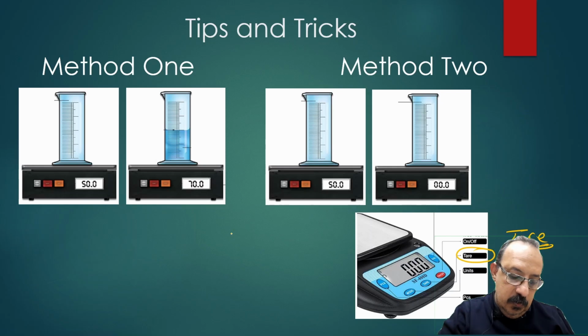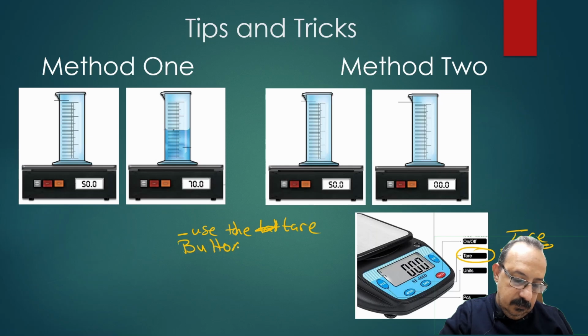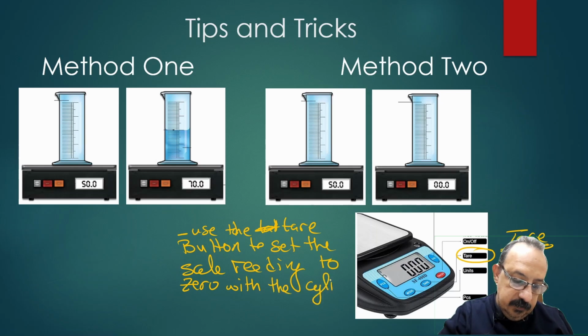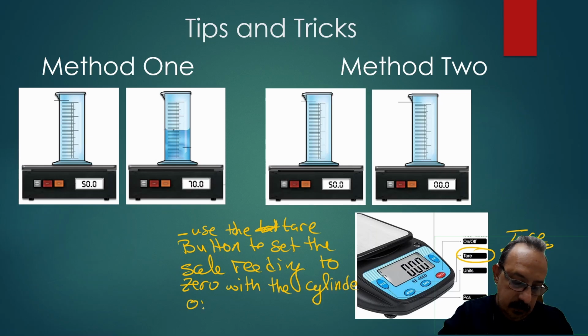Okay, use the tare button to set the scale reading to 0 with the cylinder on.